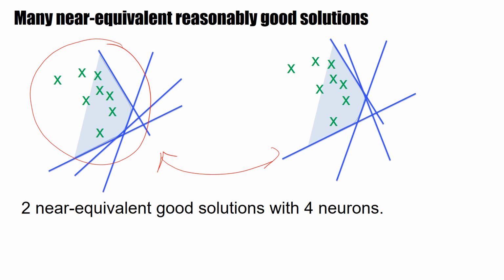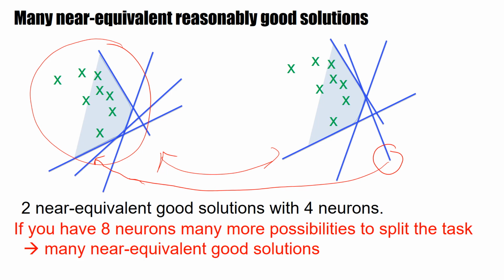However, turning this final hyperplane from this position to the other position will go through positions that are not as good. So these 2 near equivalent good solutions are separated by a saddle. They form separate minima.